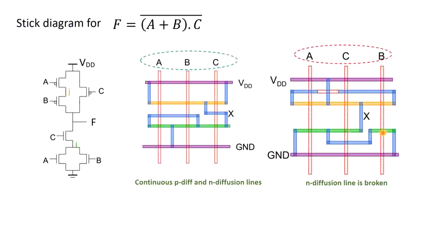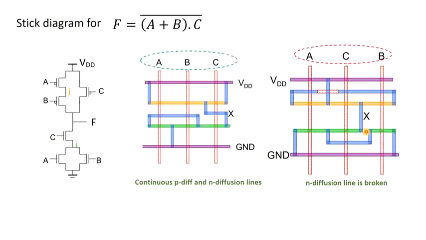When you have a broken diffusion line, we have seen in terms of layout that from one diffusion edge to the other, there has to be some minimum separation, some gap. So basically you are losing in terms of device density, which is not desired in terms of device design.